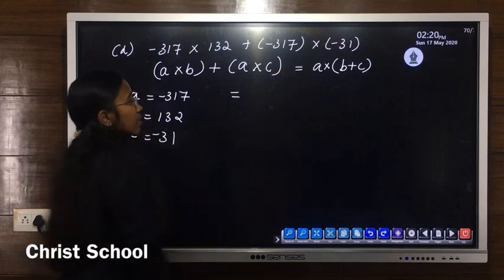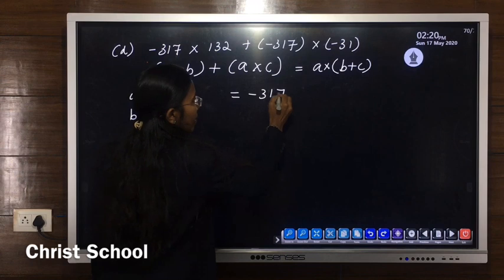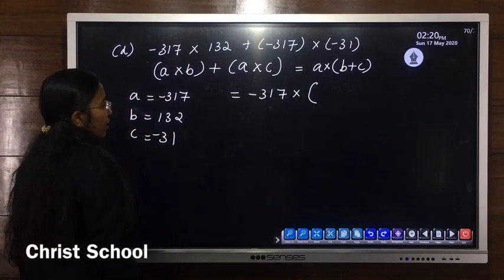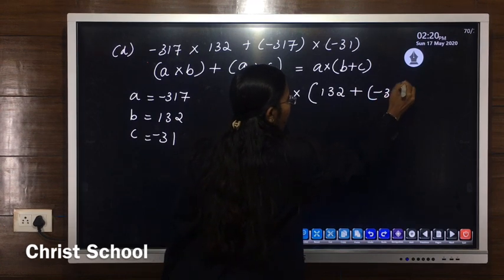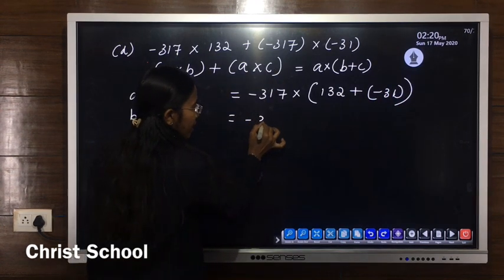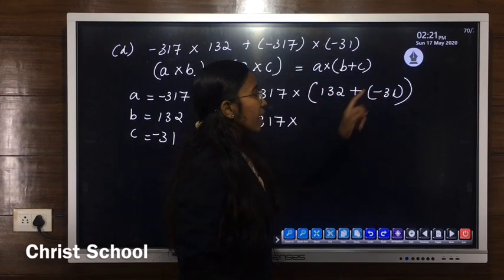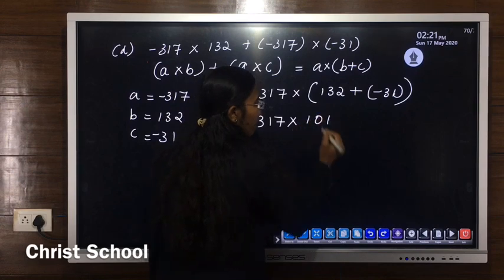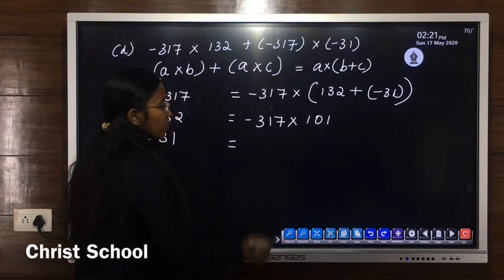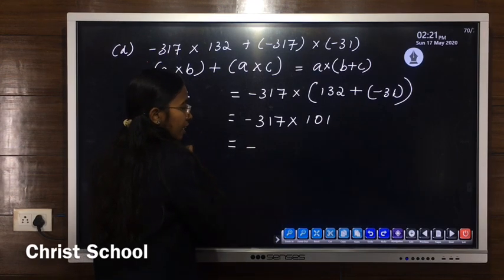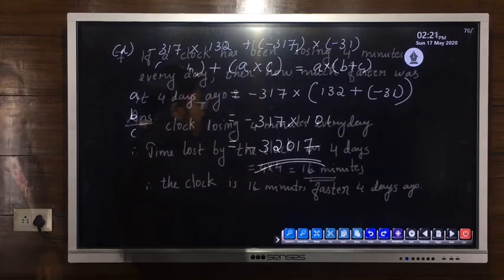Substitute these values in this equation. That is minus 317 into 132 plus minus 31. That is minus 317 into, 132 minus 31 is 101, and multiply this value. One is negative and one is positive, so our sign is always negative, and this is the answer.